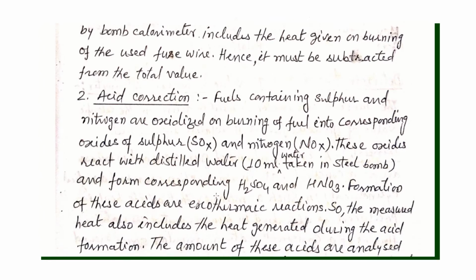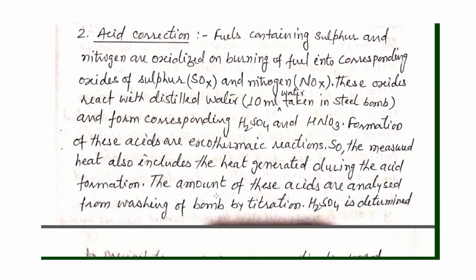Next is acid correction. During the experiment, we add 10 ml of distilled water in the bomb calorimeter, and all organic fuels contain some amount of sulfur, nitrogen, and hydrogen. During combustion of the fuel, this sulfur, hydrogen, and nitrogen burn and make the corresponding oxides of sulfur, nitrogen, and moisture water.